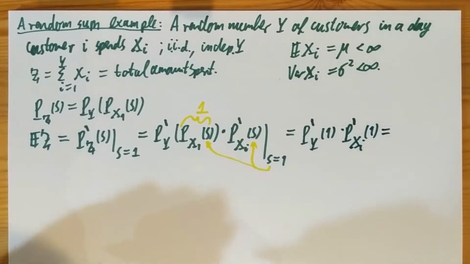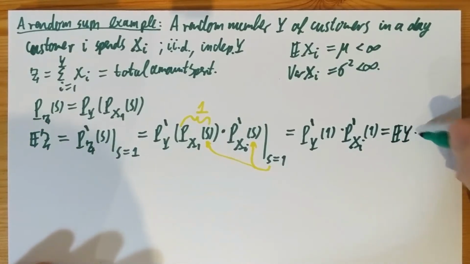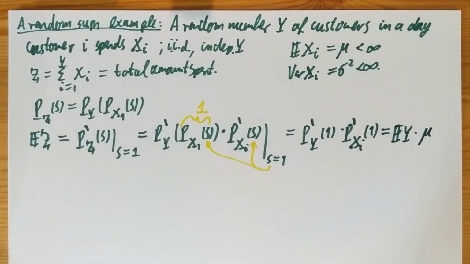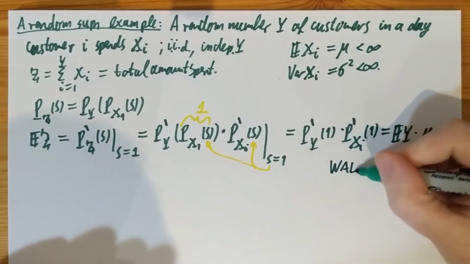But then we remember that P prime of a non-negative integer random variable at 1 is just the mean of the random variable. So we end up with the mean of Y for this first bit times the mean of the Xi, which is mu, for the second bit. And so the expected amount the customers leave in your store is, of course, the expected number of customers times the expected amount each customer leaves there. And this is a special case of something called Wald's identity.